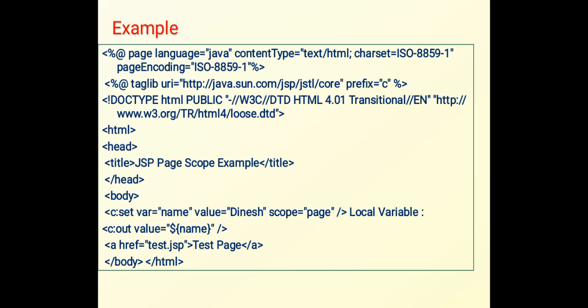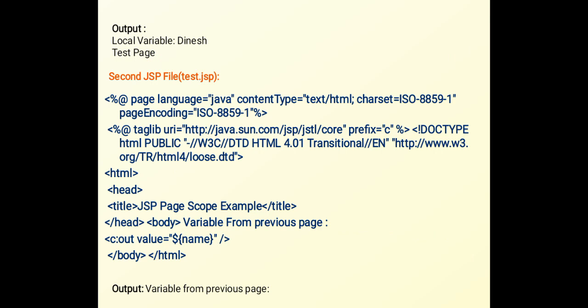It means we are going to the next page. The output of the first page will be local variable Dinesh and the tag test page, which is the link to go to the next page test.jsp. If we click on test page, we come to test.jsp.